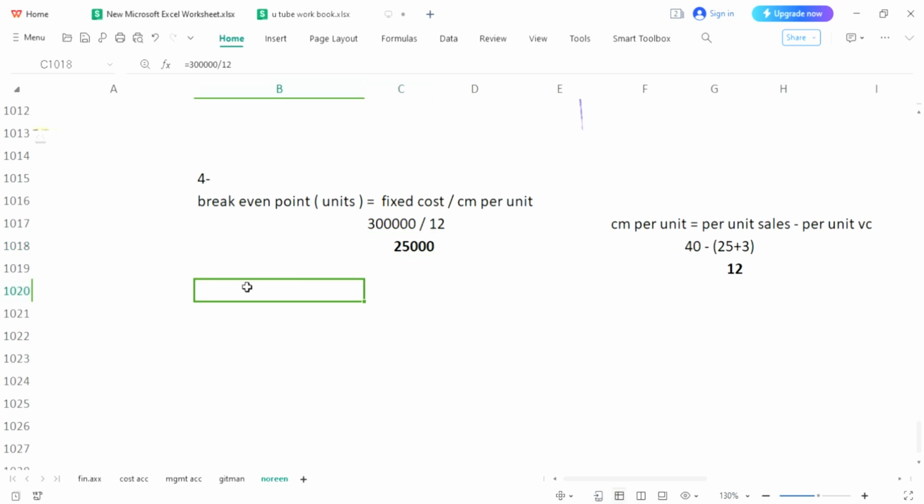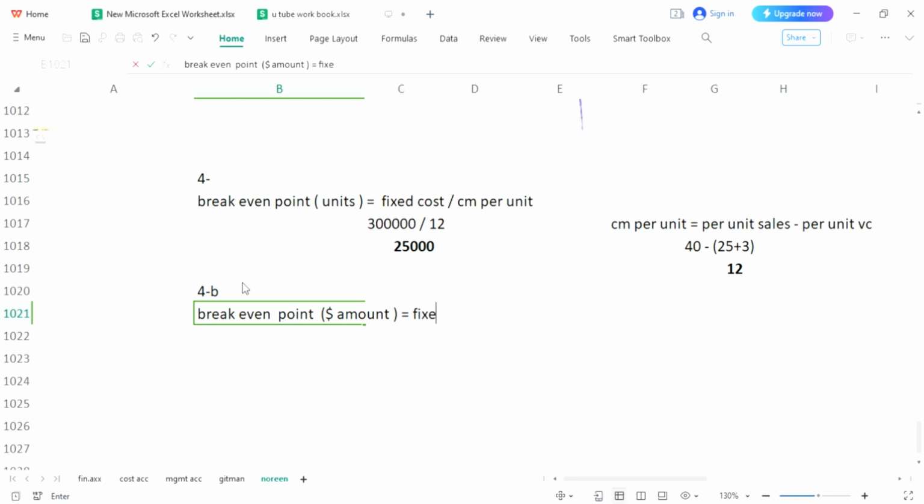We are now going to calculate for the B part where break-even point is also needed, but in terms of dollars or in terms of amount. For that purpose, what you will do, you need fixed cost and you are going to divide it by CM ratio.